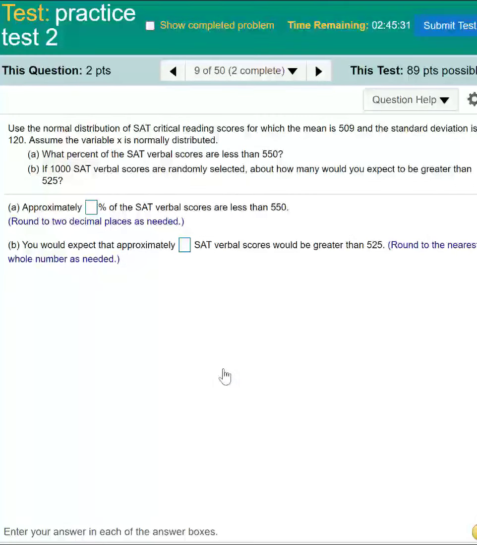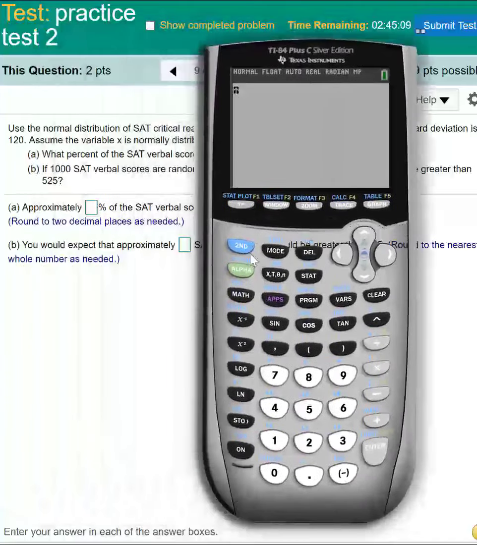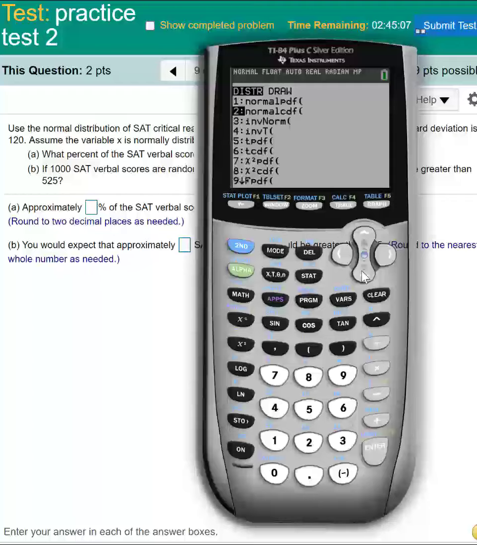Use a normal distribution of SAT critical reading score for which the mean is 509 and the standard deviation is 120. Assume the variable x is normally distributed. What percent of SAT scores are less than 500? It's the same thing as the probability of x less than 550. So just normal CDF, second, distribute. Normal CDF, negative a million, 550.